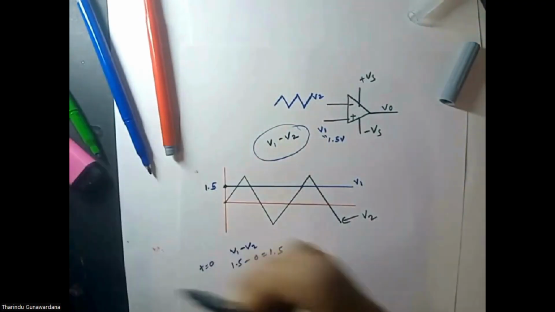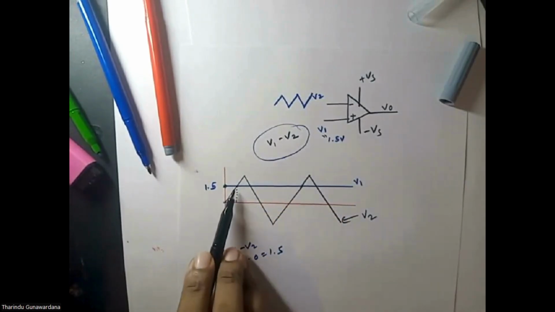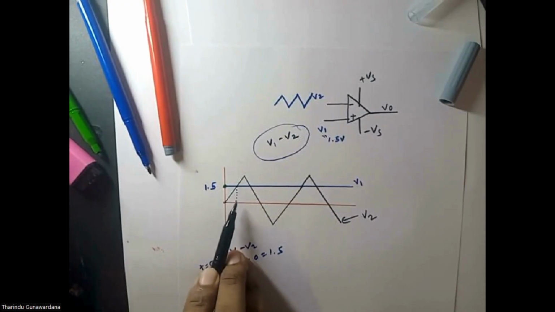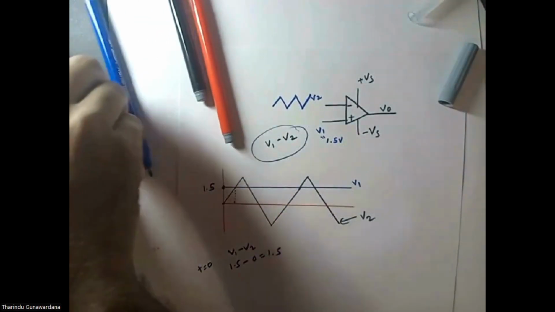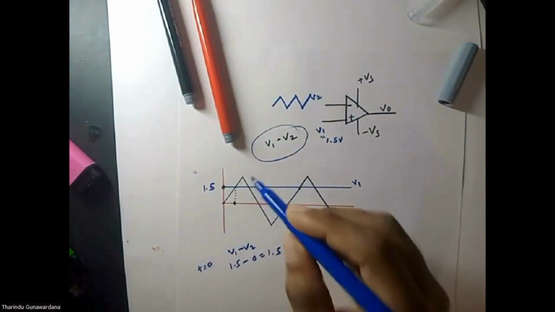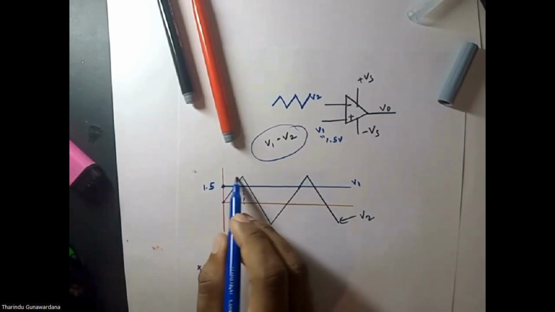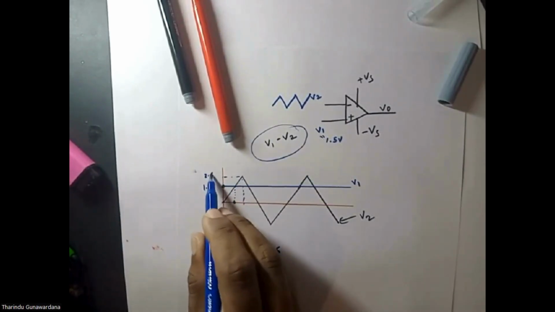Now you can see clearly when time equals this certain value, both V1 and V2 are the same. Therefore, V1 minus V2 is 0. Then here, when time equals this value, V2 is plus 2.5.